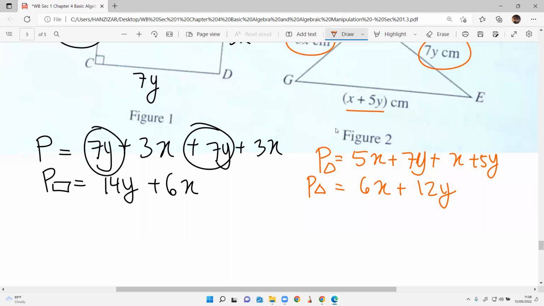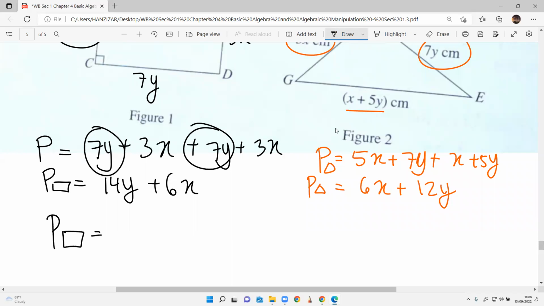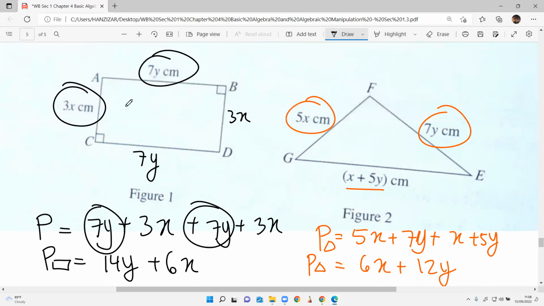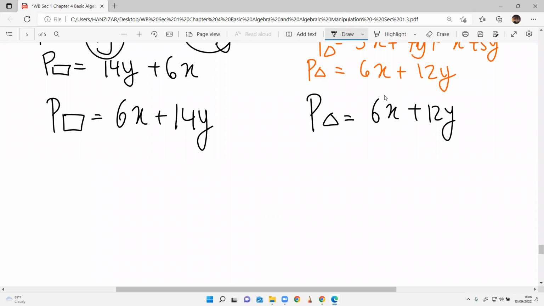We can. It's the rectangle. Oh, you can simplify. You can switch the order, right? Since the 6x is the same, you cannot compare 6x by 6x because they are the same.